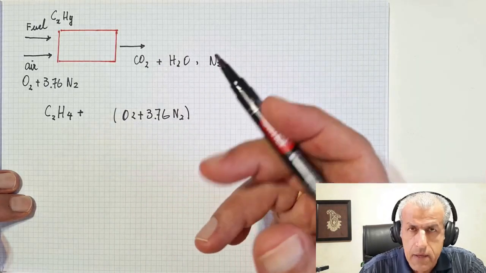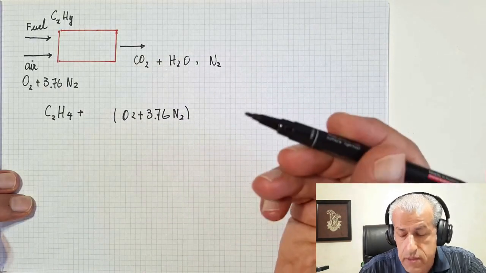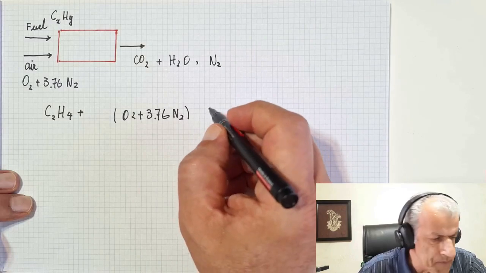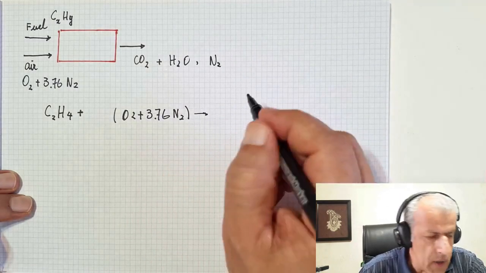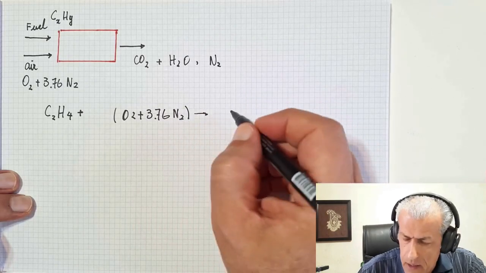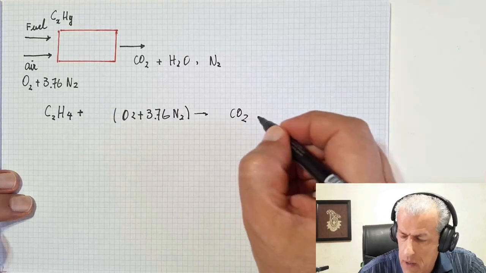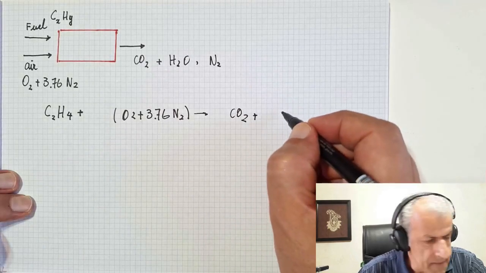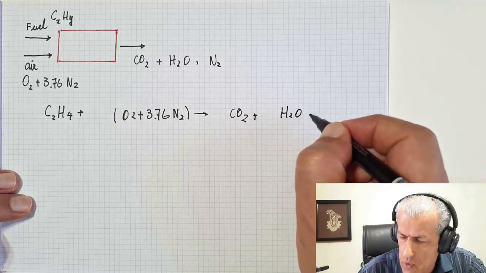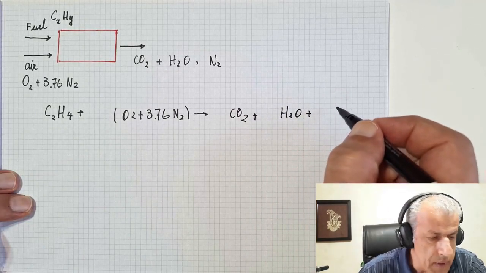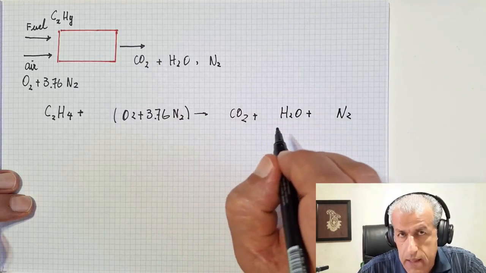And then what we do is make it 20% more. So if we write the combustion equation, we would have CO2 on the right hand side plus H2O, and plus N2. Now, how do we balance the equation?